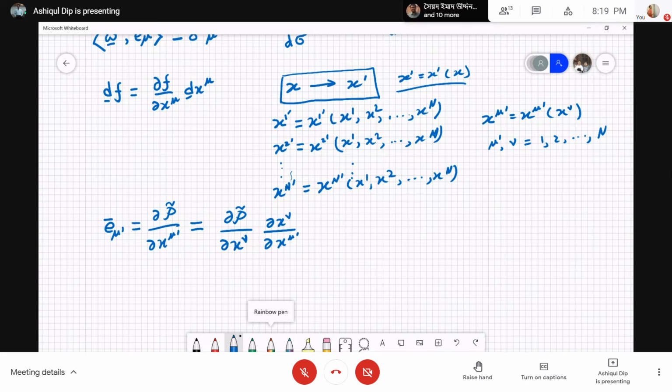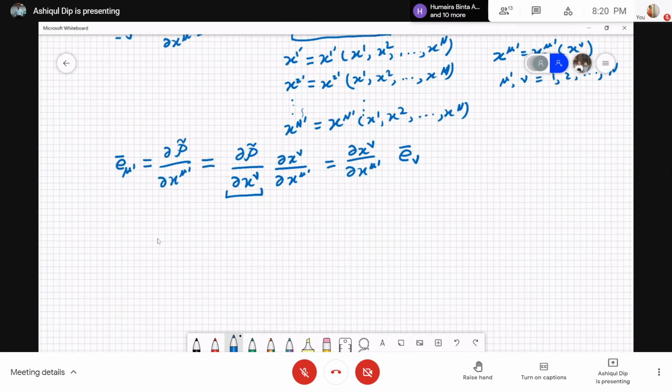What is this part? E nu, right? So we have the transformation relation between the vector bases: E mu prime equals delta x nu by delta x mu prime multiplied by E nu.